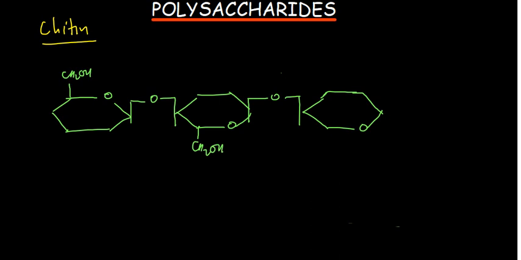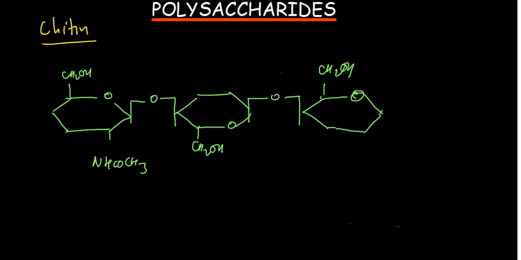Okay, this one I've also drawn wrongly, so the oxygen is supposed to be at this point, and then we're going to have CH2OH. At carbon number 2 of glucose, we're supposed to have an OH. But this OH which is here is replaced by an acetamide group, which is NHCOCH3.